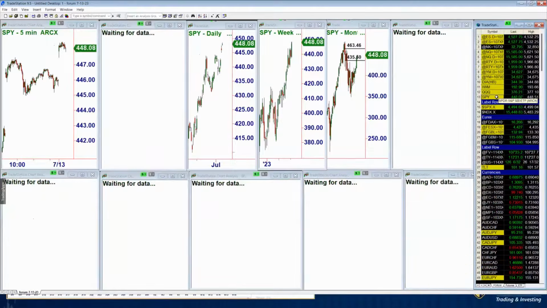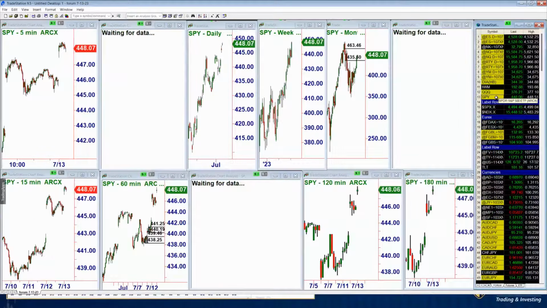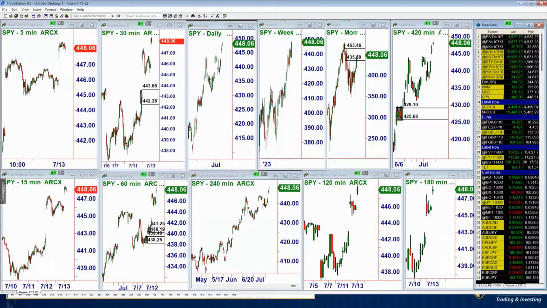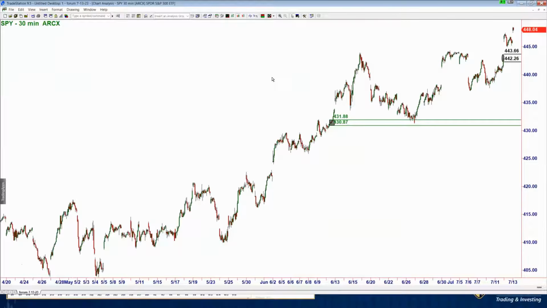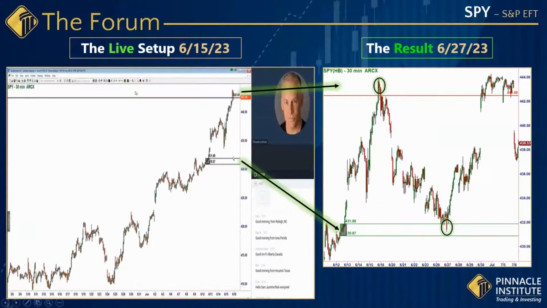Let's go to either the SPY or the S&P futures. So now, 2 weeks later, there's that 432. And remember, I just showed you the 440, this 444.50. We had that. That's this right here, which I'll show you.